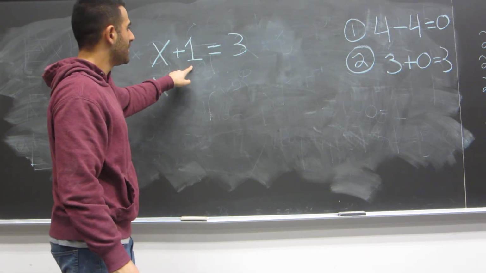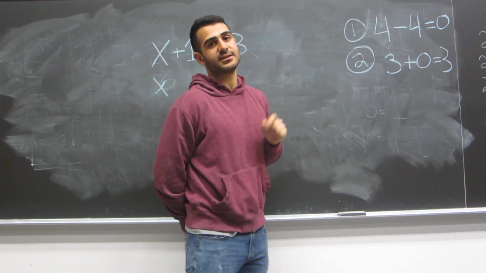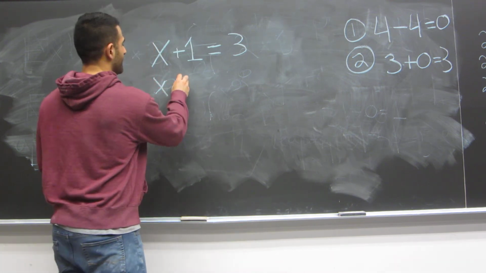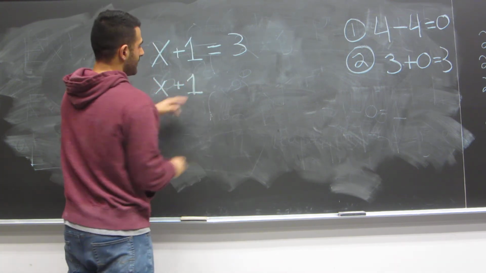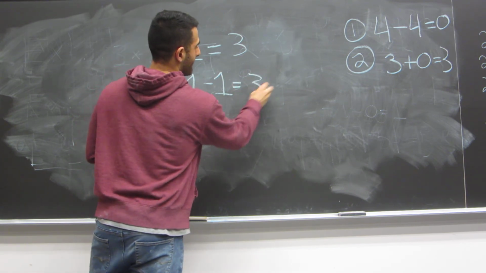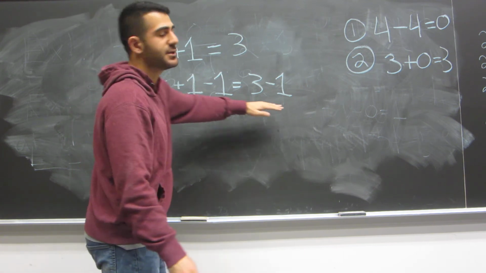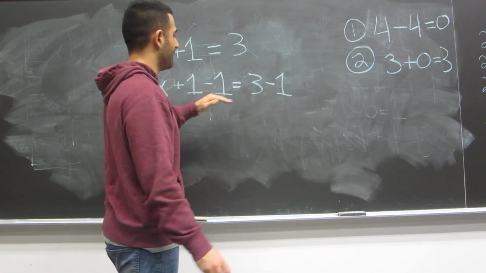So what do we know? We know if we add the opposite of a number, we get 0, right? So let's subtract 1 from both sides. Because I subtracted 1 from this side, I must do that same thing to the other side. Maintaining equality.